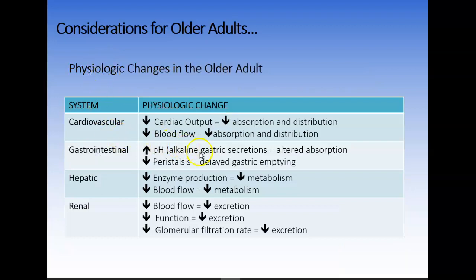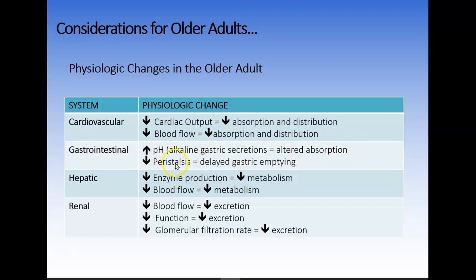So here are the physiologic changes of older adults. We already know that they have a reduced cardiac output, which reduces their absorption and distribution, right? Because they're just not as effective at pumping blood as they used to be. Their blood flow is not as good as it used to be, which again affects absorption and distribution. Their GI pH is increased, which alters absorption.